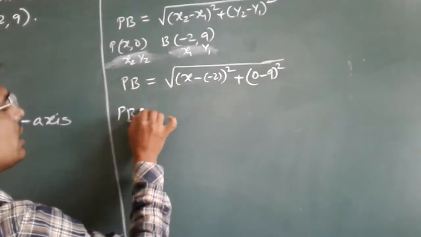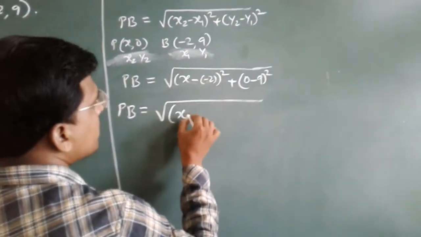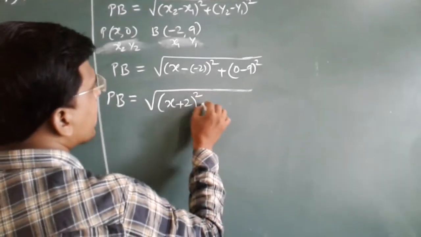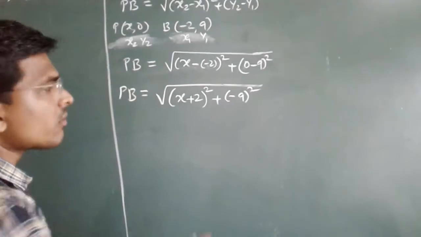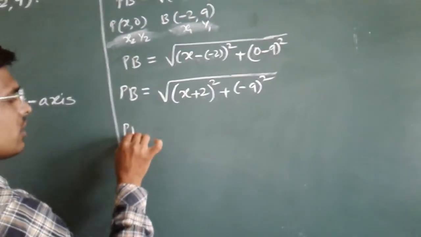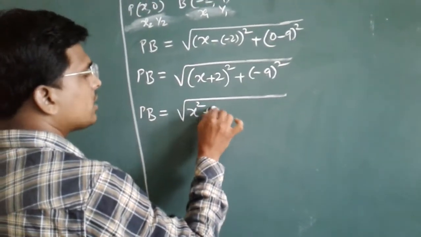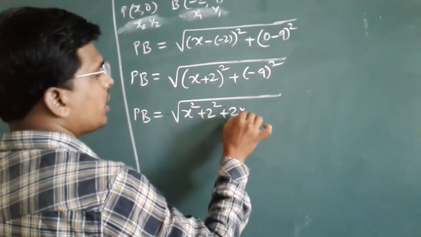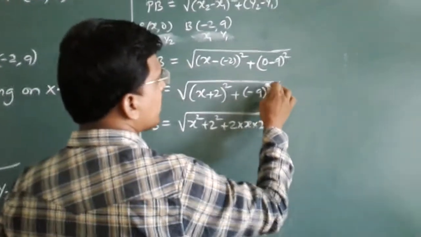So PB is equal to under root of x minus into minus plus, x plus 2 whole square plus 0 minus 9 whole square. Again this is the form of a plus b whole square. So what is the formula for a plus b whole square? a square plus b square plus 2ab.